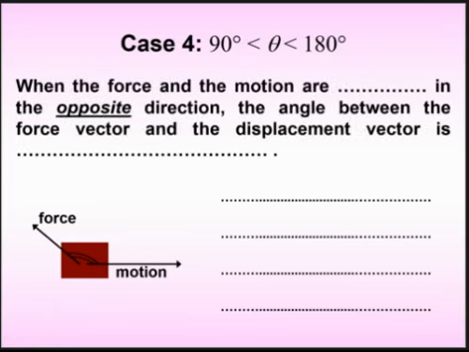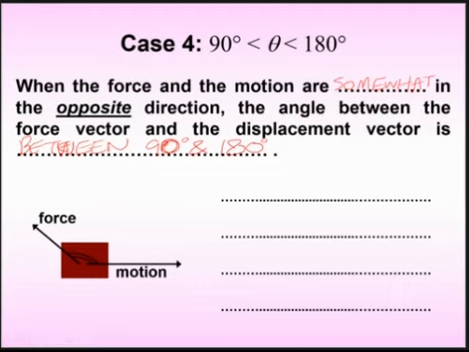So when the force and the motion are somewhat in the opposite direction, somewhat, they're not perfectly against each other, they're somewhat against each other, the angle is between 90 and 180. Can someone tell me what do you call any angle that's bigger than 90 but less than 180?